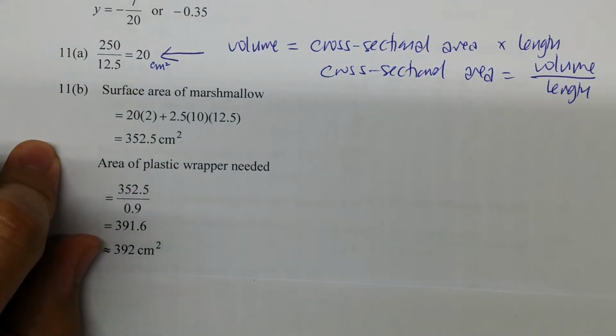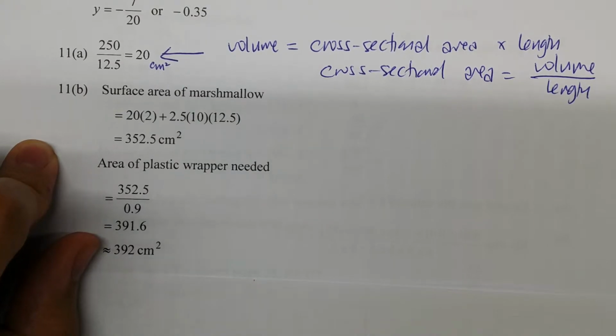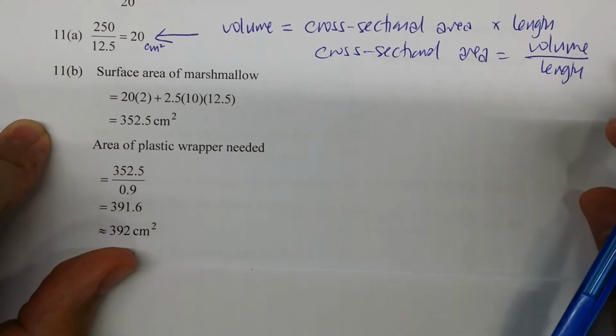Part B, what are they asking? They say the marshmallow is wrapped using plastic wrapper. Given that 10% of the area of the wrapper is used for sealing purpose, find the area of plastic wrapper needed to wrap one such marshmallow. Round off your answer to the nearest whole number. For those who don't have the question paper, please take it out.